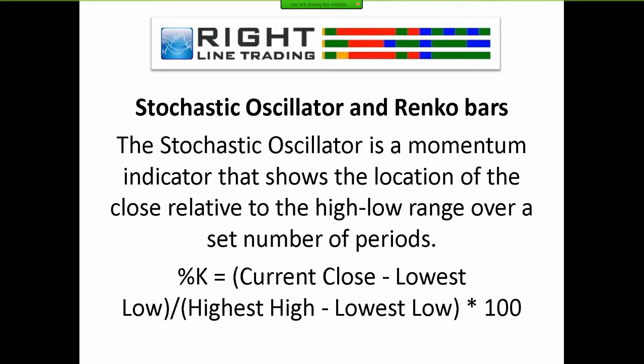If you look at the math of the oscillator, you see that you need three numbers in order to calculate the percent K, and that is the relationship between the high and the low of the candle and the close of the candle. If you don't have those three numbers, the percent K line will not trace out appropriately.